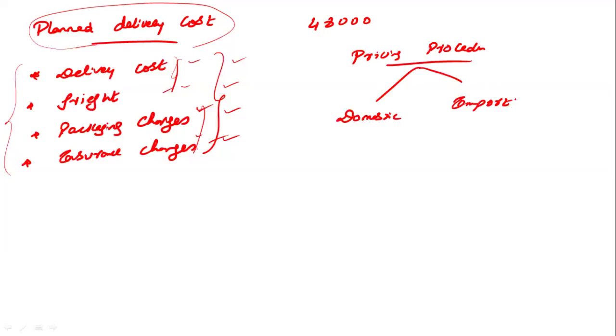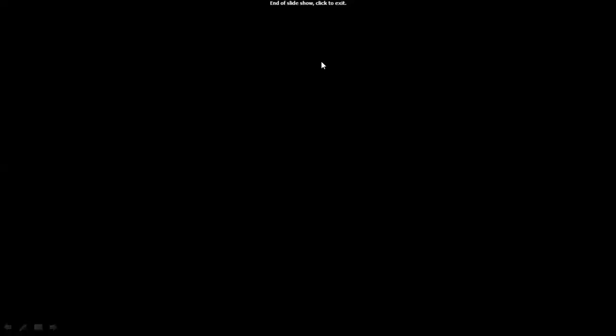When you're buying something from a vendor who is from outside India, these components will get changed. As of now, for domestic, we have these components. Like I mentioned, we have base price, we have discount, we have the taxes, we have the freight, loading charges, all those things. So let me write down for a second.